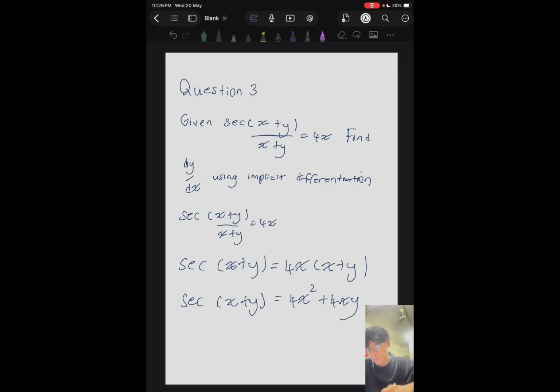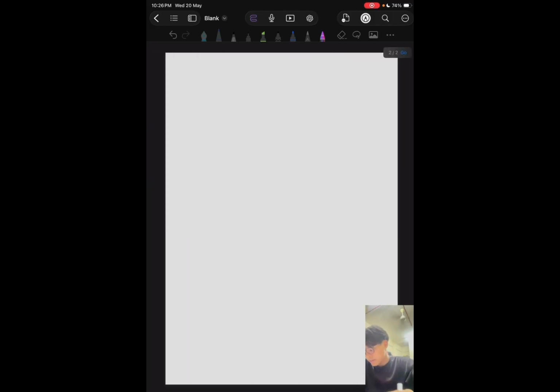And for the next step, we have to break down both left hand side and right hand side. For the left hand side, we might have to use chain rule concept where the inner function is u equal to x plus y. So after we use the chain rule, it's gonna be like this.